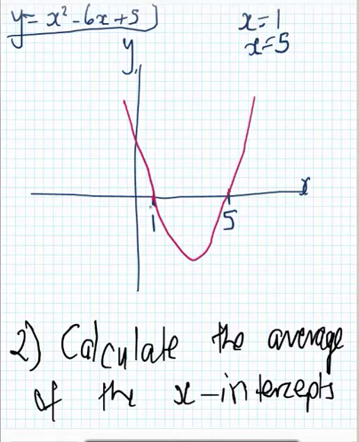And we know halfway between 1 and 5 is going to give us our turning point, and the x value of our turning point. So we can approximately see by looking at our graph, what's halfway between 1 and 5? Okay, if you want to have a quick guess, you might say 2.5, you might say 3. But to find the accurate answer, we find the average of our x-intercepts. So let's do that now.